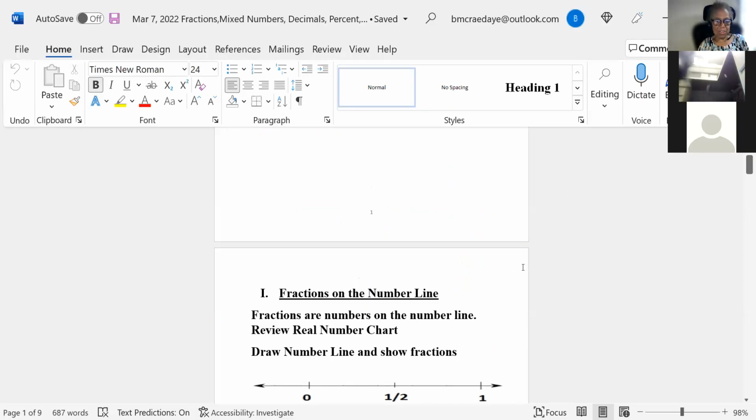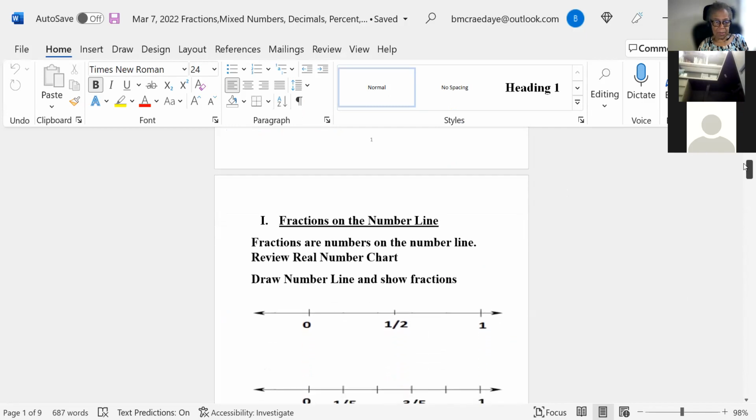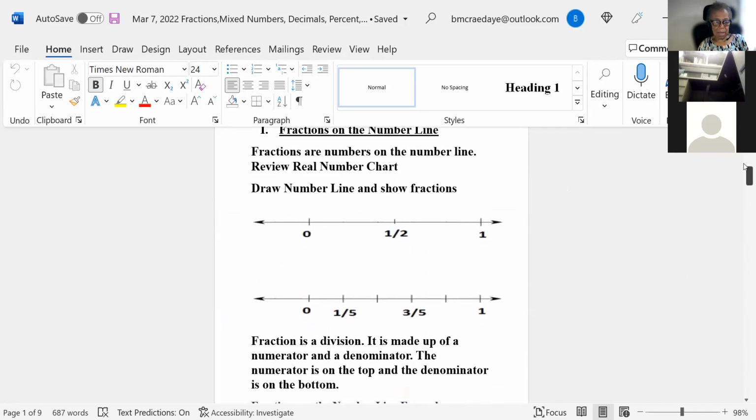Okay, so we looked at fractions on the number line, and I think I have a number line here. Now I did it on the whiteboard, but you can see it here. Between 0 and 1, halfway is what? 1/2. Between 0 and 1, if they're divided into 5, 1, 2, 3, 4, 5, then that's fifths, right? So this point is about 1/5. This point is 3/5, because each little increment here represents a fifth.